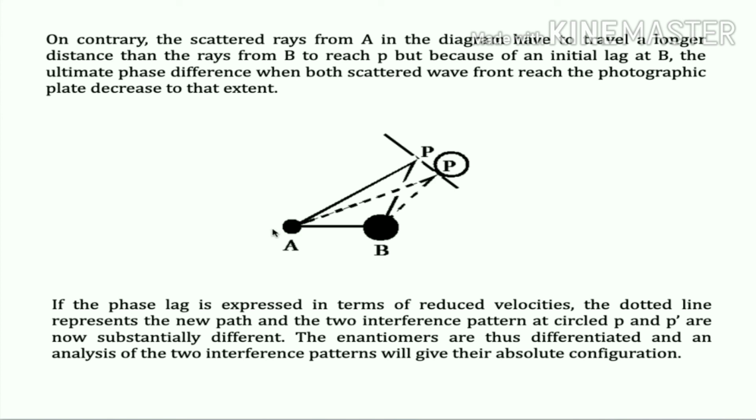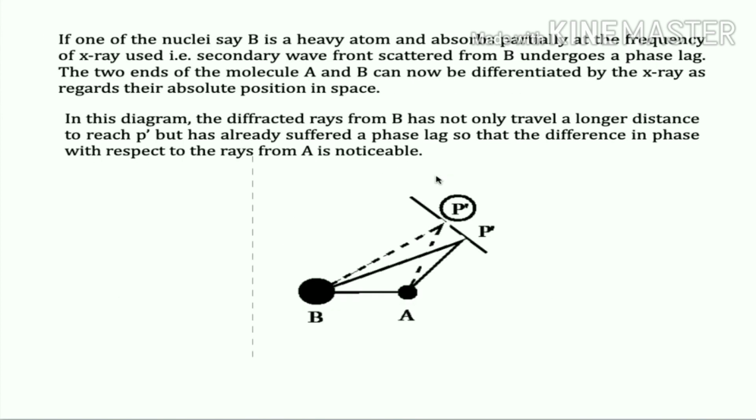So if the molecule gives the interference pattern of P, then it is given the absolute configuration RRS. If it gives the interference pattern of P dash, then it is the enantiomer.